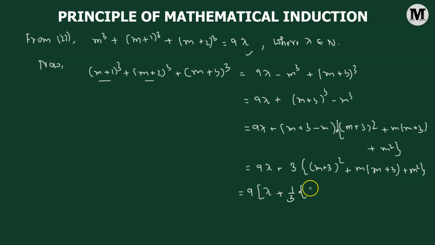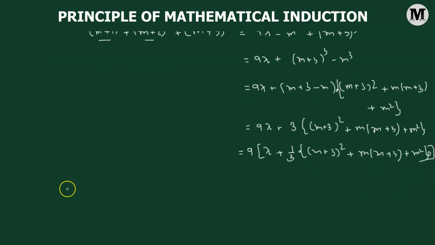This is going to get multiplied to (m plus 3) whole squared added to m times (m plus 3) added to m squared. So let's further simplify. Now we have 9 multiplied by lambda added to, so (m plus 3) whole squared, and when we simplify all of this expression within the parentheses, we're going to get m squared plus 3m plus 3.